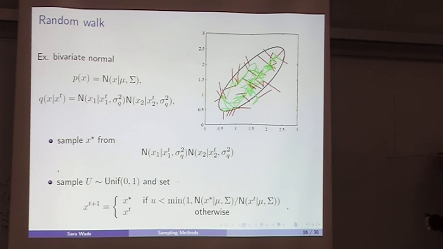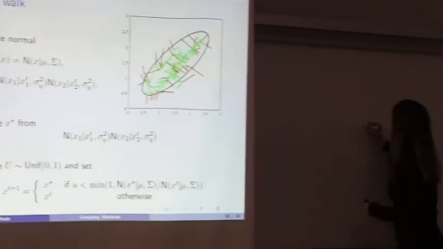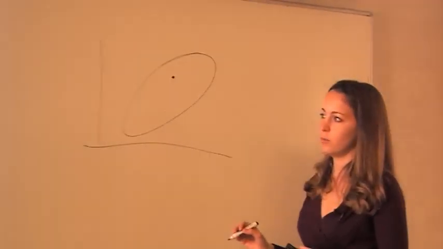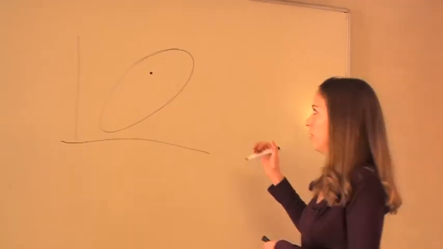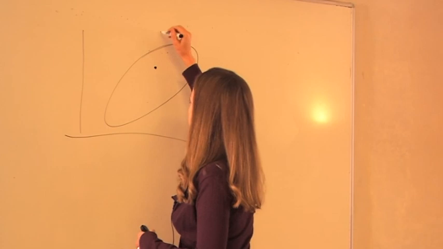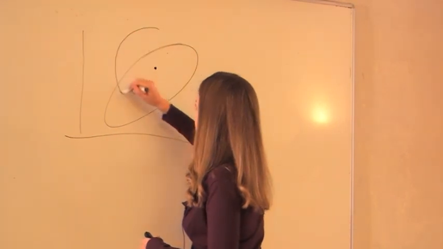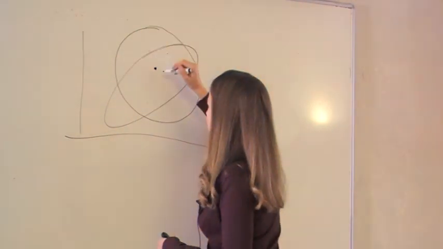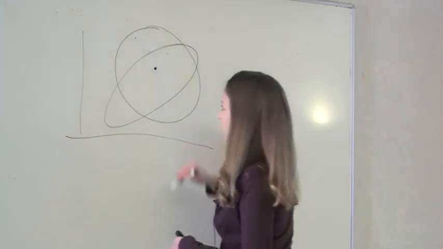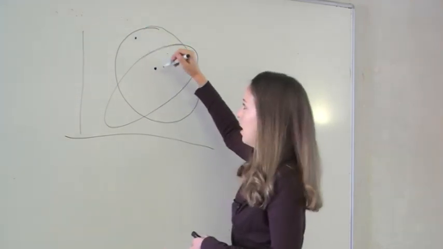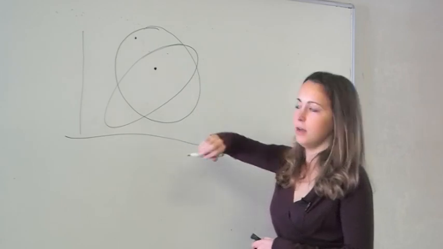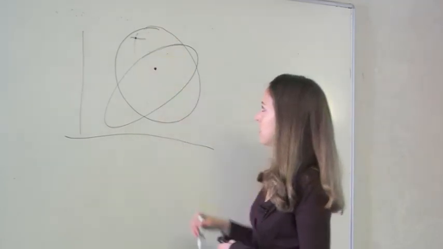So let's just draw a picture here. We're at this state, we're sampling from a spherical normal. If the scale of the spherical normal is too large, then we might get proposals which are too far away from what we want to sample from, and we'll reject.